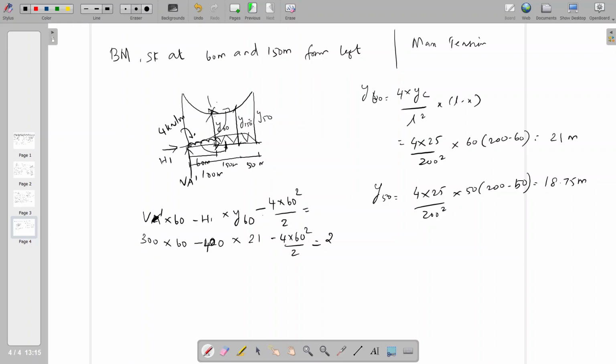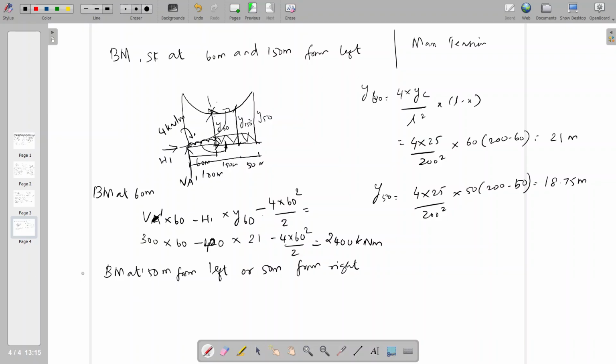I got 2400 kilonewton meter. Next one, this is the bending moment at 60 meter. Next one, bending moment at 150 meter from left or 50 meter from right.